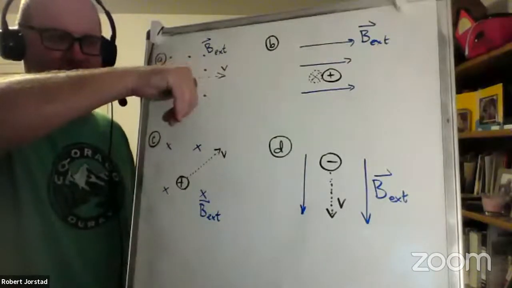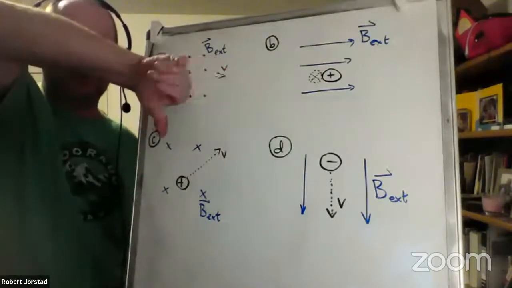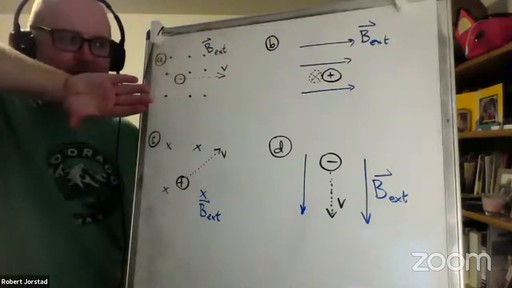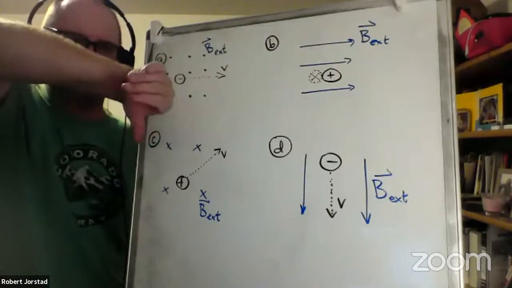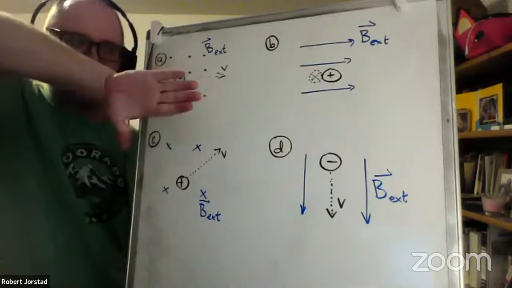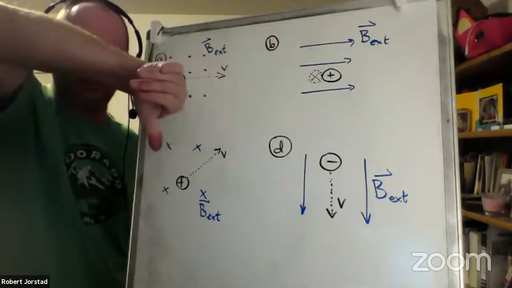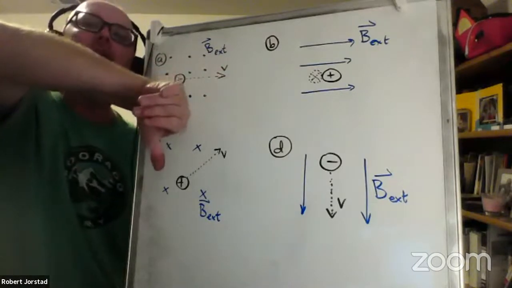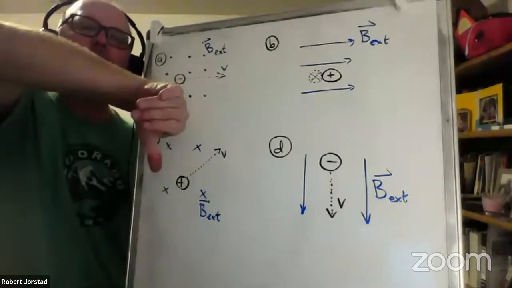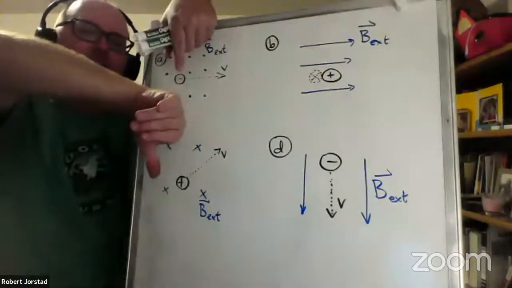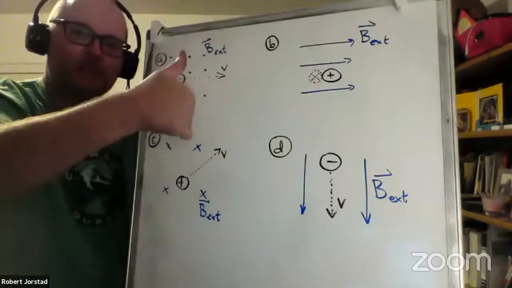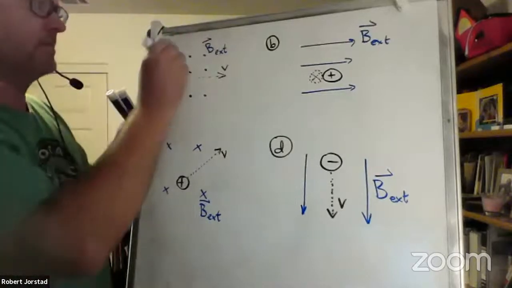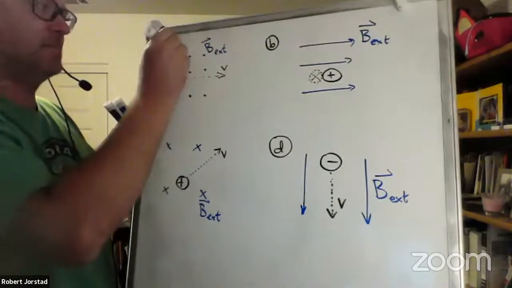B does not point downwards. This way does work. Why? Because when I point my fingers right, I can curl them to B. And when I can do that in that orientation, I notice my thumb points down. Now, because I have a negative charge right there, that flips the force to up. Is that helping? Yeah, that clicked that time. Thank you. Yep.